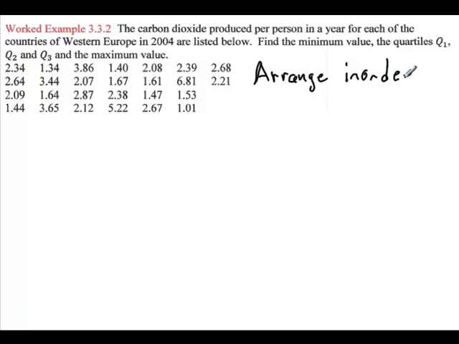So to prove my point here, let's actually go through the data list and do this. You'll have to do this on your quiz and on your exams. So 1.01 is first. And let's just carefully look through the next smallest number, 1.34.